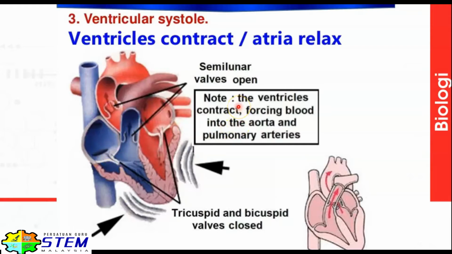Note, the ventricles contract, forcing the blood into the aorta and the pulmonary artery. So the blood in the right ventricle will flow into the pulmonary artery, while the blood in the left ventricle will flow to the aorta. The bicuspid and tricuspid valves close to prevent the backflow of blood to the atrium.